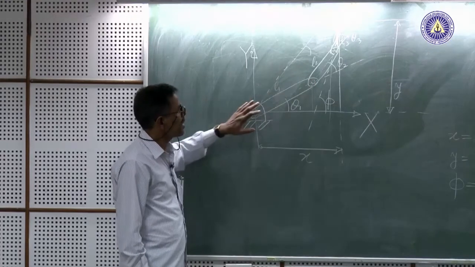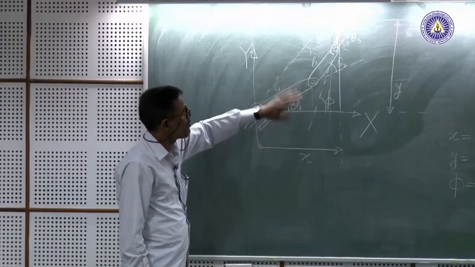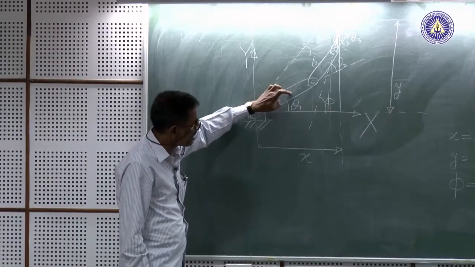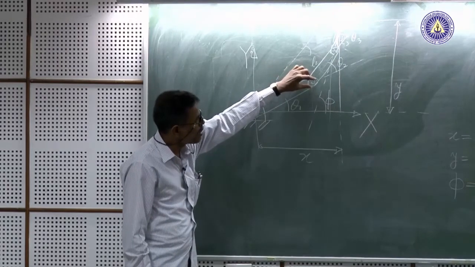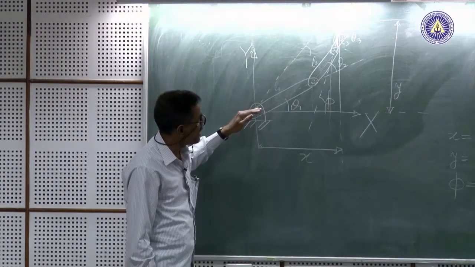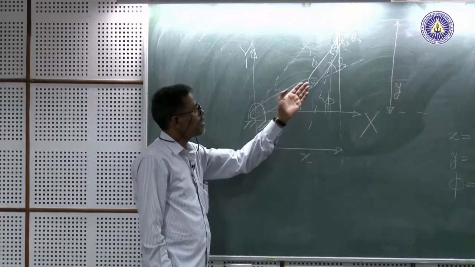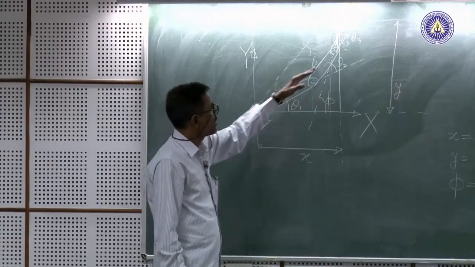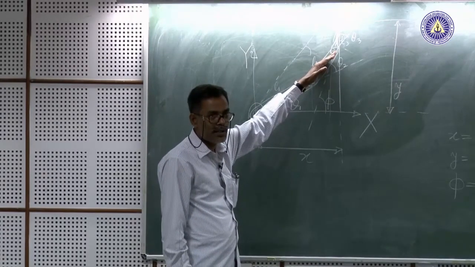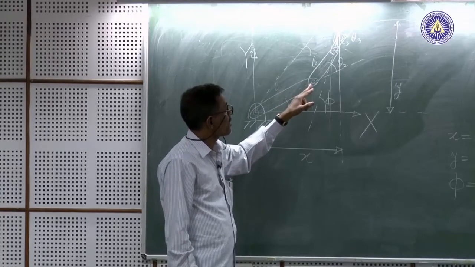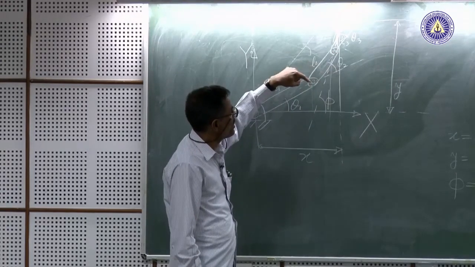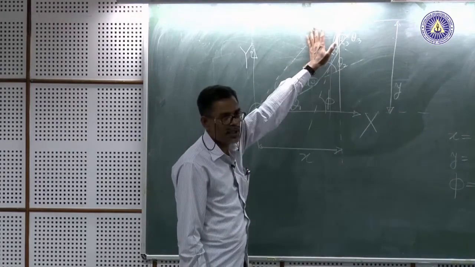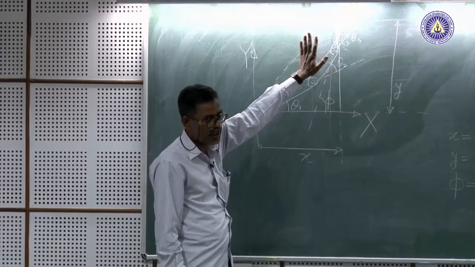This entire link will have a rotation, and as this link is rotating with respect to this, for which we typically express a frame at the end of this link, that will inherit the angular velocity of this link, and along with that its own angular velocity also gets added. The motion of this will be with an angular velocity omega 1 plus omega 2, and similarly for the next one. So, that is one way of doing it.